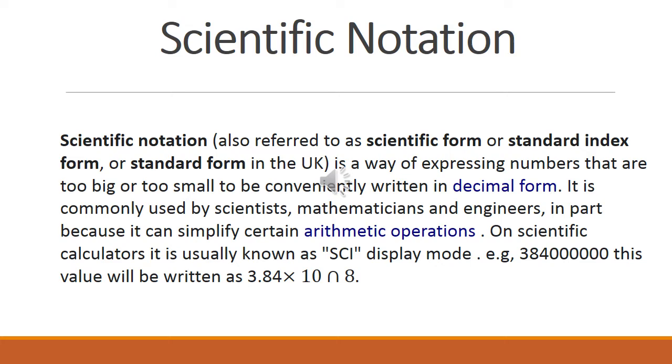This method is very convenient and useful to avoid the fatigue of writing too many zeros. That's why this procedure is very important in mathematics as well as in physics.